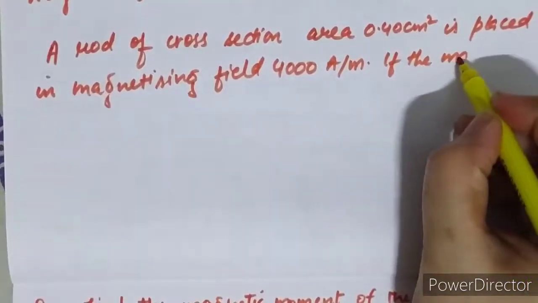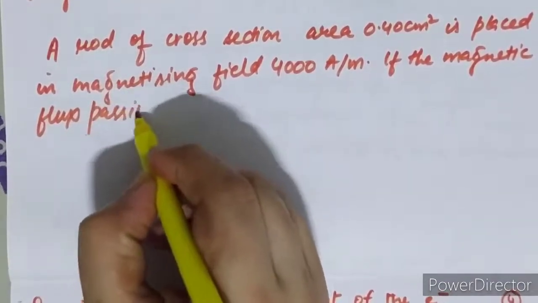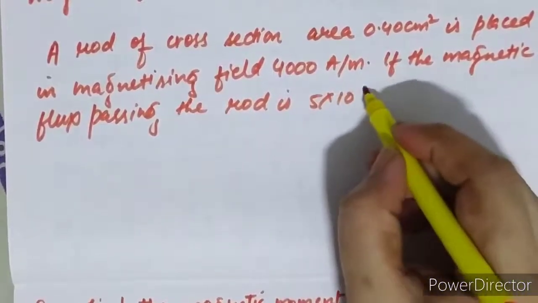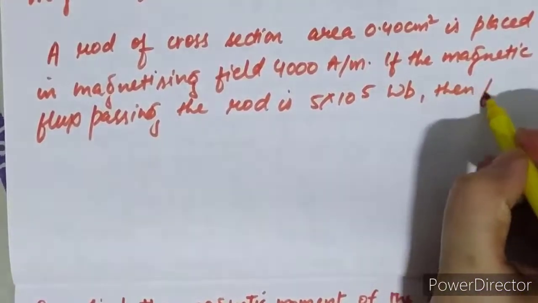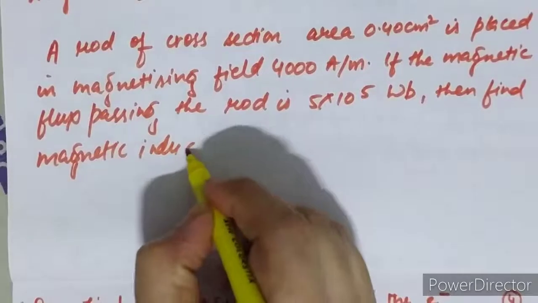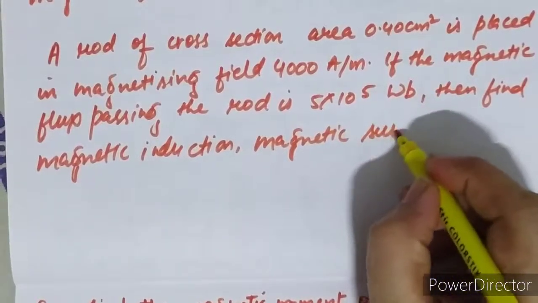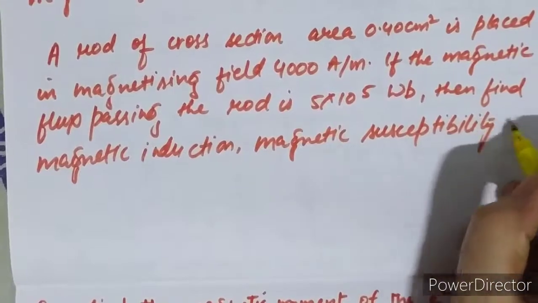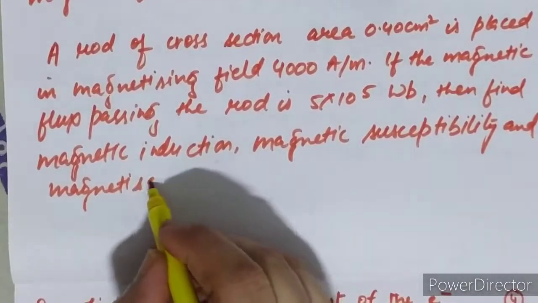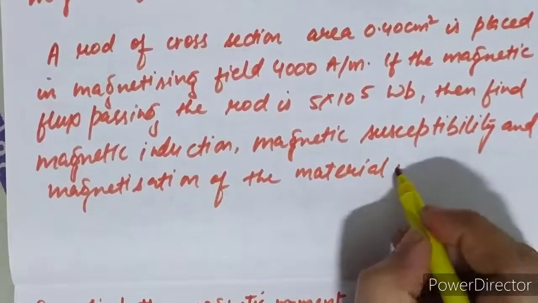If the magnetic flux passing through the rod is 5 into 10 to the power minus 5 Weber, then find the magnetic induction, magnetic susceptibility, and magnetization of the material of the rod.